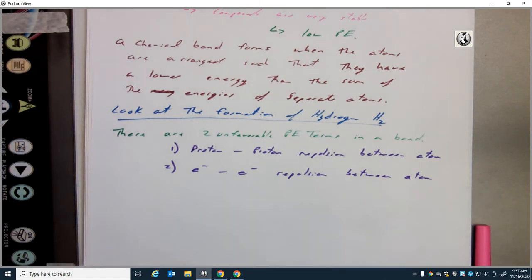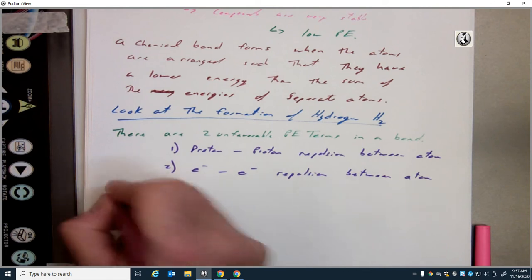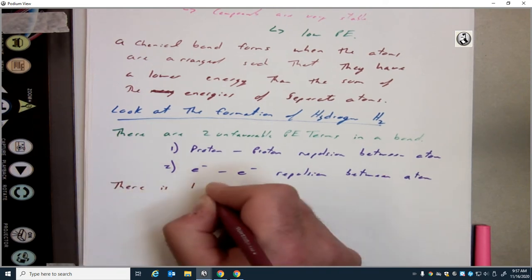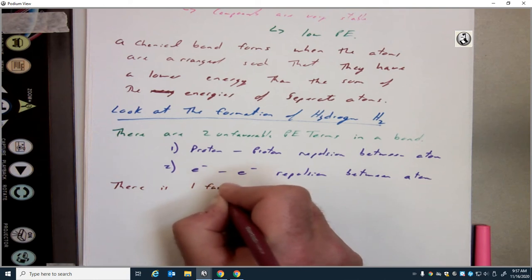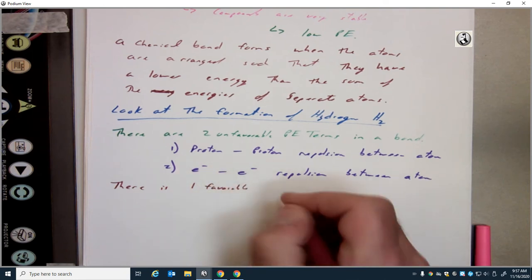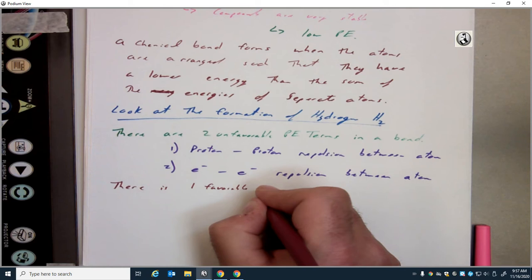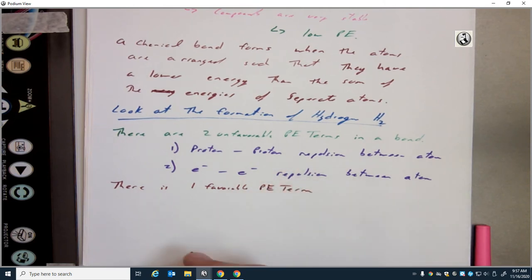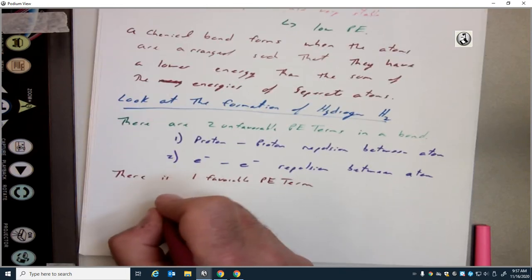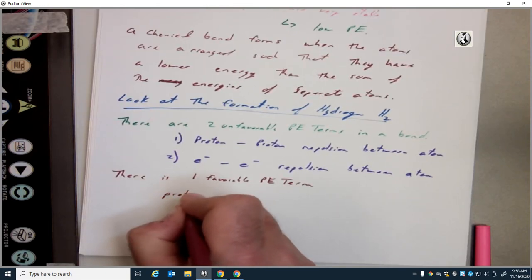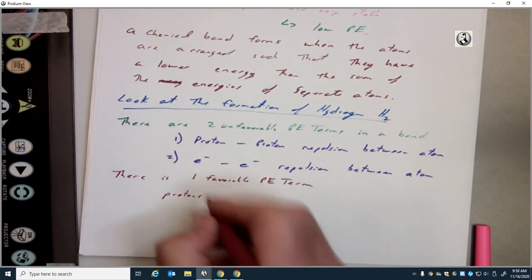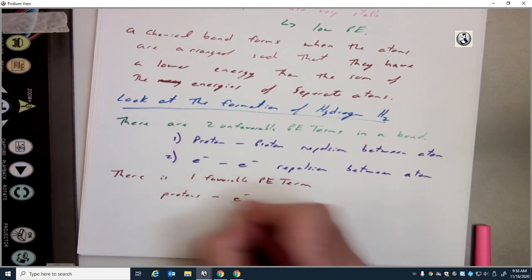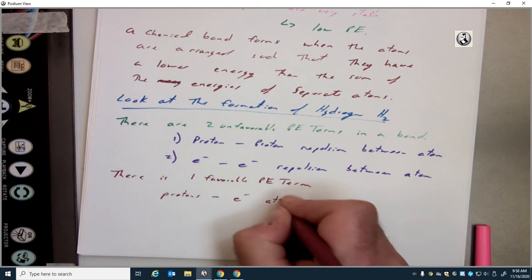There is one favorable PE term, and that is the attraction between the protons of one atom and the electrons of a different one. So that proton-electron attraction.